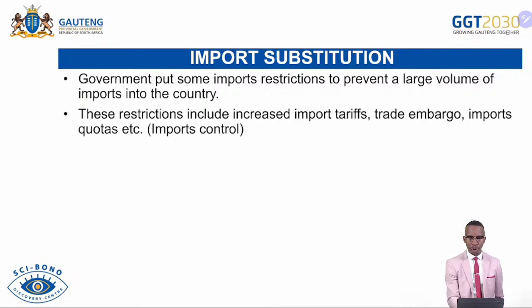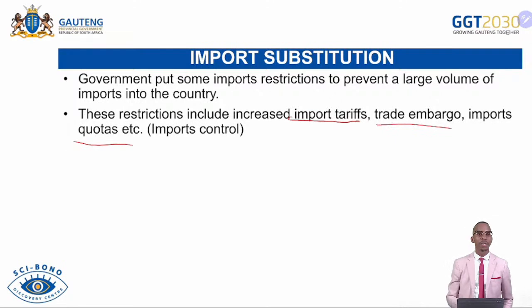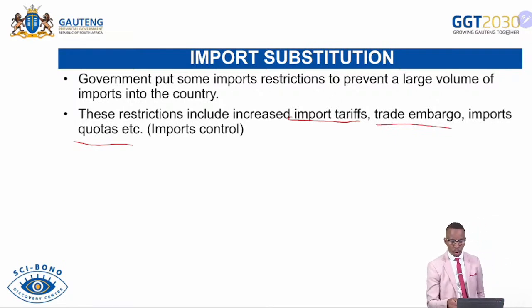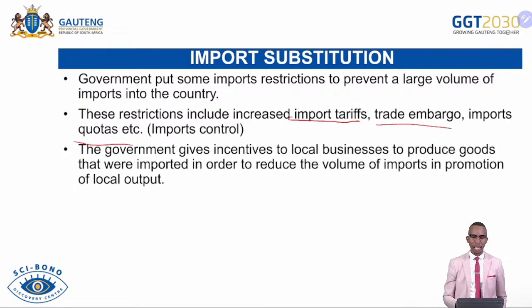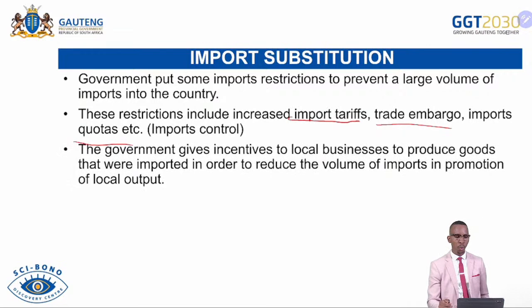So we talk about increased import tariffs, the trade embargo, even sanctions, as well as import quotas. That is known as being in control of imports, preventing them from flowing into the country in large quantities. So the government gives incentives to local business to produce goods that were imported in order to reduce the volume of imports in promotion of local goods and services.